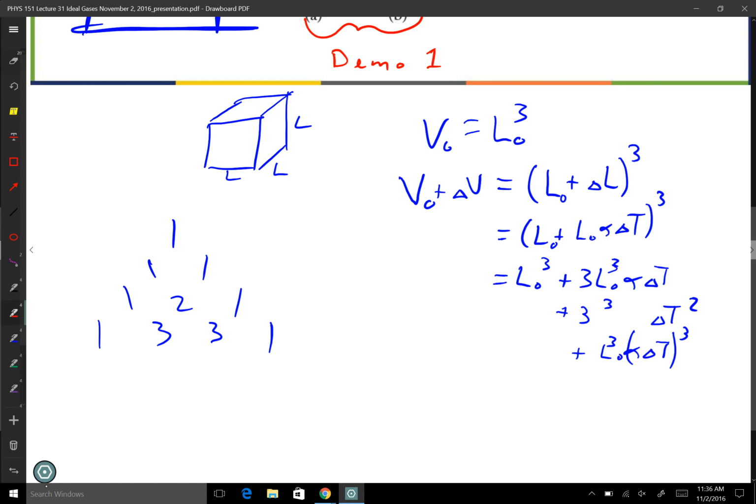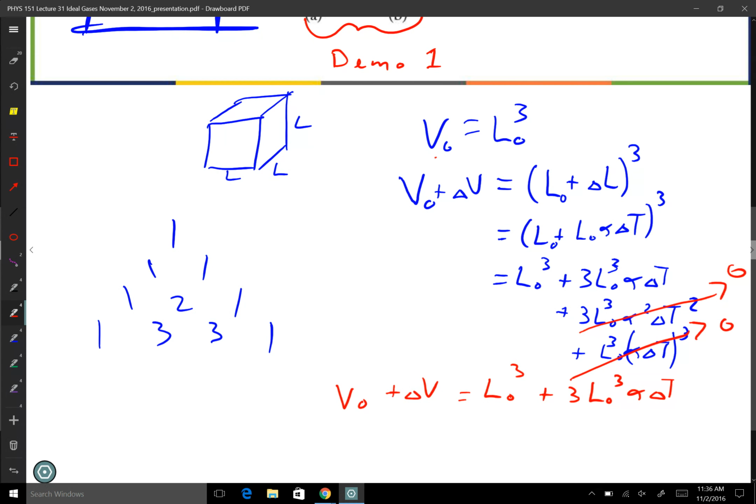Those are negligible in size, so those terms are approximately 0. And so I have V naught plus delta V is equal to L naught cubed plus 3 L naught cubed alpha delta T. But since V naught is L naught cubed, I can subtract those out.